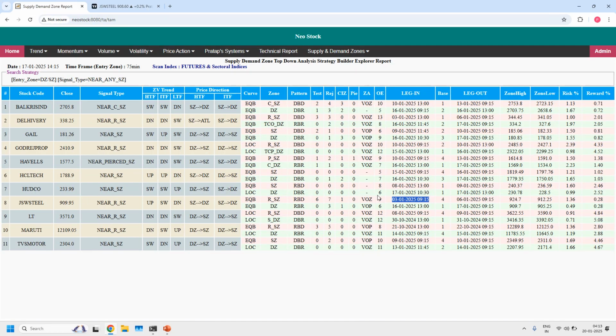And the next one is L&T. This is 8th January 9:15, 4 base candles.